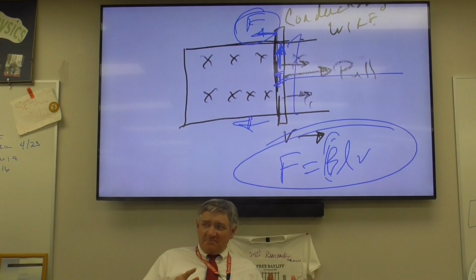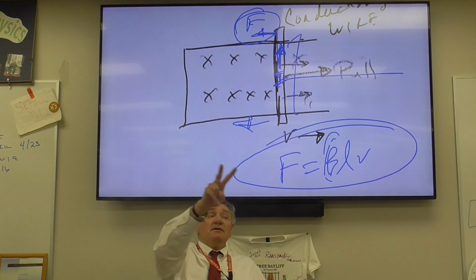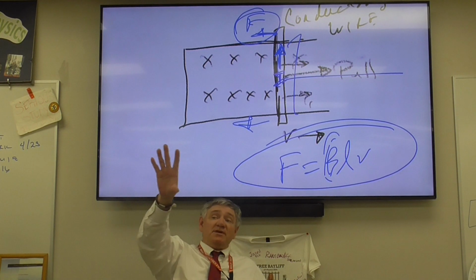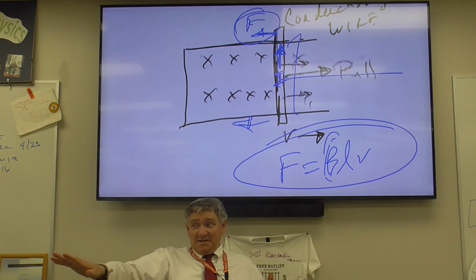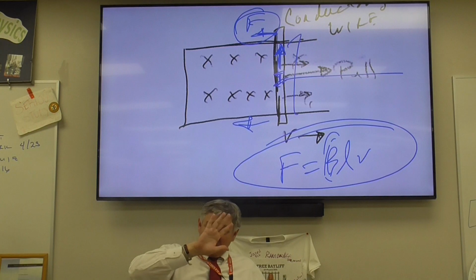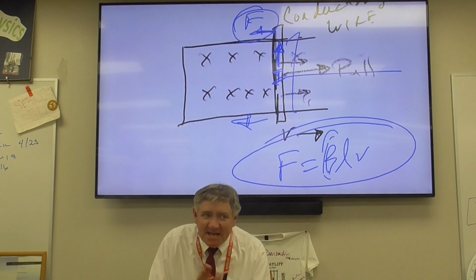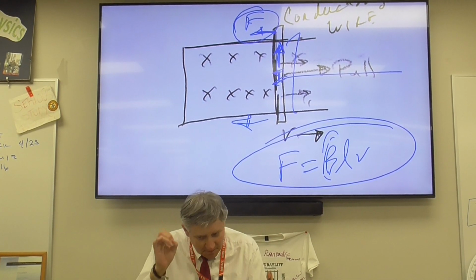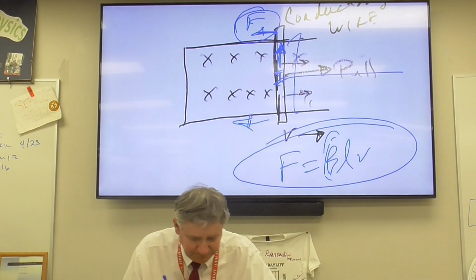Make more X's. So if you see more of one, you make the opposite. If you see less of one, you make the same. Got the idea? One of the most important things that you have to understand. And again, if nothing changes, what's going to be the current? Nothing.